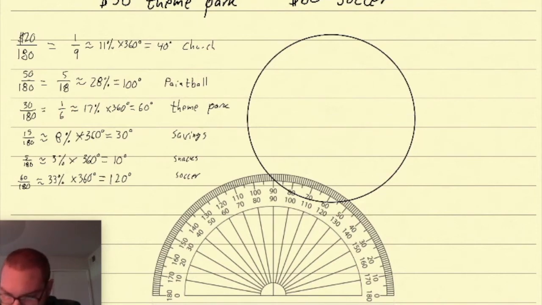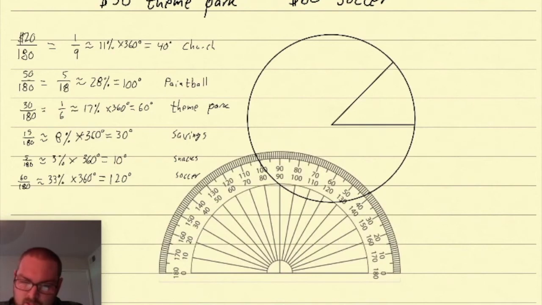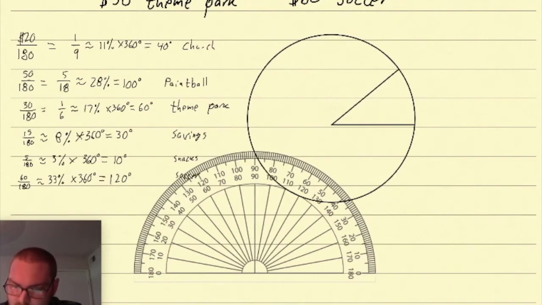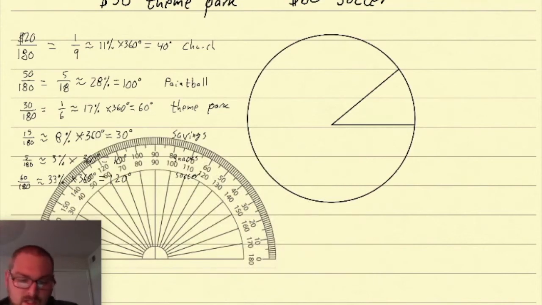That's not the center of my circle, is it? So to an extent, I've got to do a little estimating here. A little over 40. That's like 45. So I grab this and bring it down just a little. Still too much. There we go. So that's my 40-degree angle for the money he gave to the church.